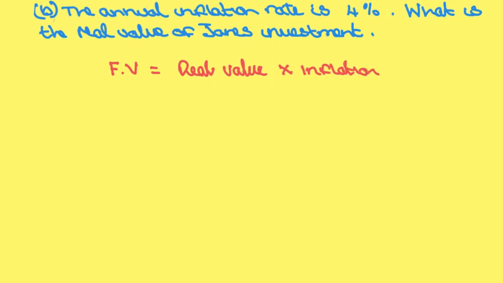Well, we know what the future value is. It's what her investment is after her interest has been accrued. So her future value is worth $13,382.30. We want to find the real value.